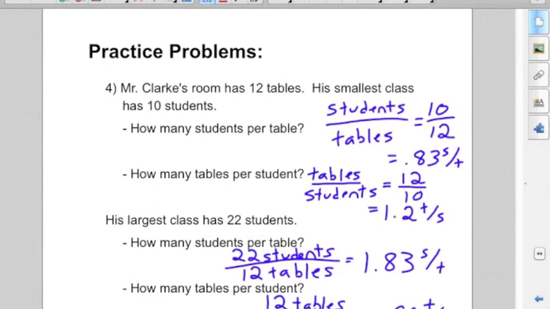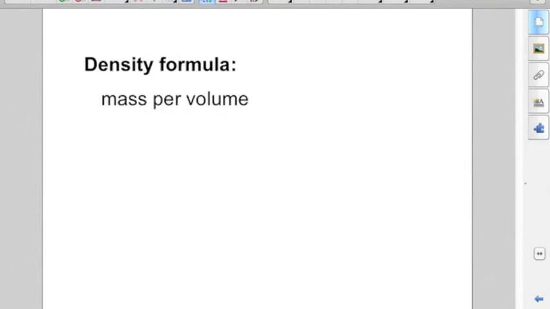Okay, now that we've done some problems with what per means, now let's get back to density. Our density formula is mass per volume. Take a minute now to write what that means as a fraction.